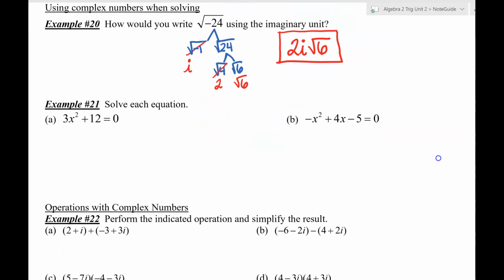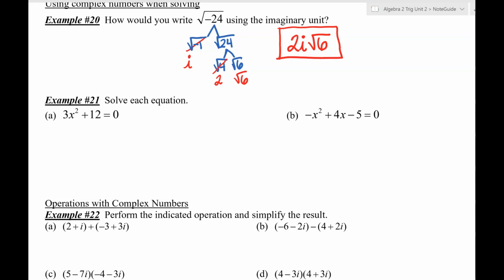So if we were solving an equation, for example, part A here has all the x's contained in this x squared. So I'm going to focus on getting the x squared alone. So I divide by 3. I have x squared equals negative 4, and then I'm going to square root.